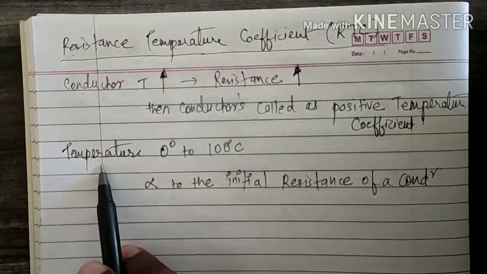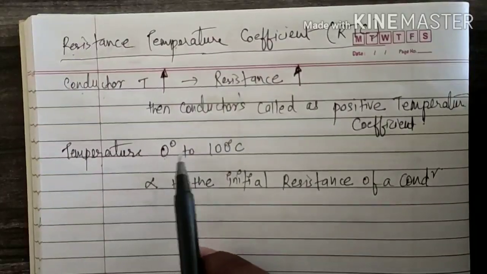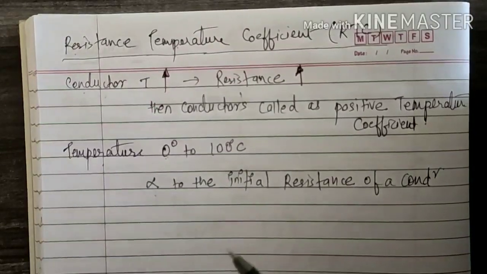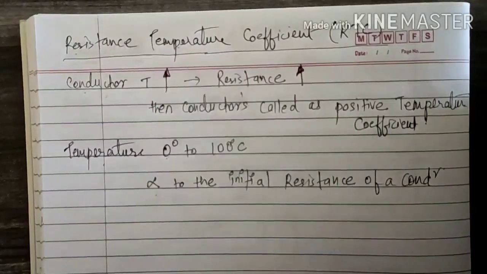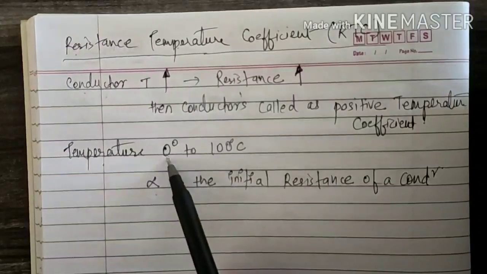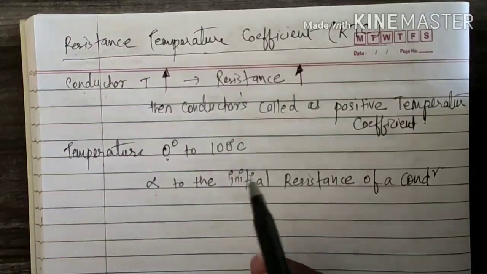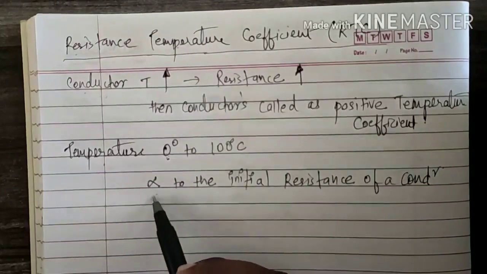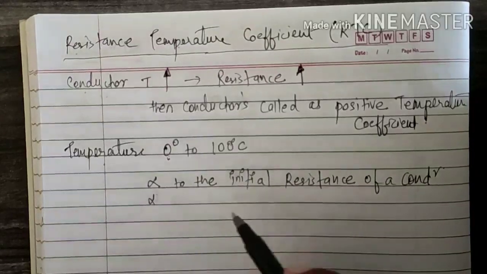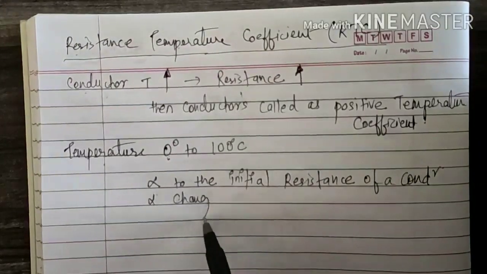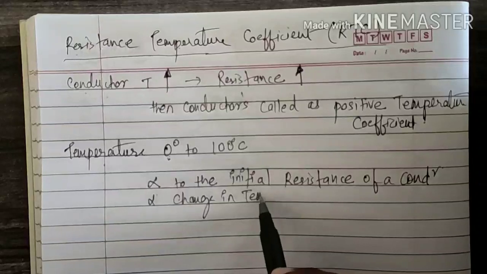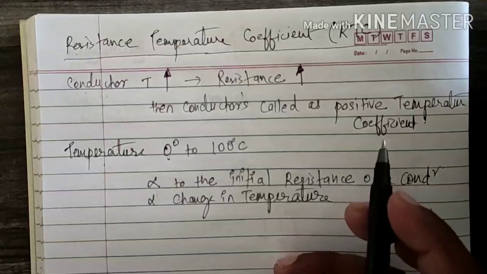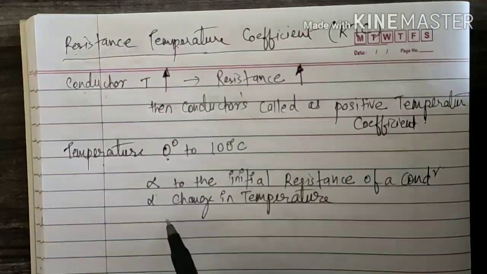Before, at 0 degrees Celsius, how much was the resistance, and after increasing the temperature, what is the resistance. The second parameter is that it is directly proportional to the change in the temperature.